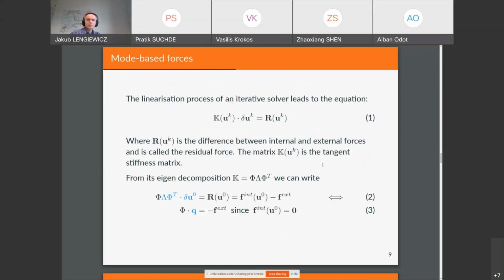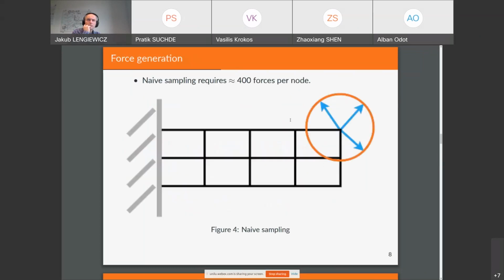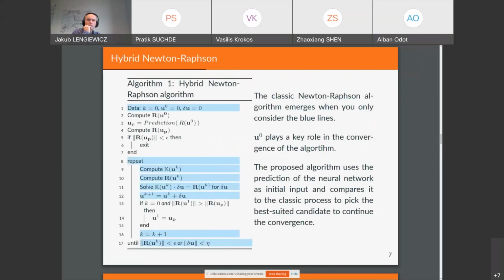So the idea behind the dataset generation is that we will use the deformation modes of the object in order to simply sample the space of deformation. So we go back to this equation that was line 11 of the algorithm, as you can see here.